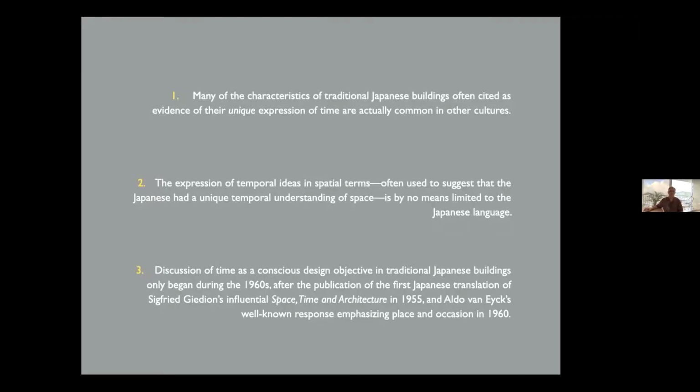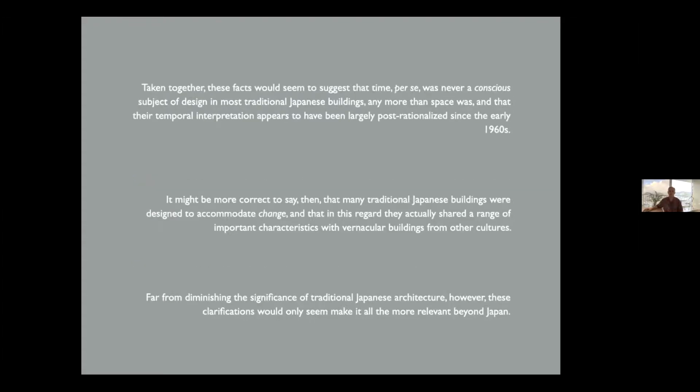And then you can read the last part, which I've talked about, that time is not really discussed until the 60s, when time had become a popular topic in Western architectural conversation in general. So basically, the argument is that it's probably not correct to suggest that the expression of time was ever a conscious intention in traditional Japanese architecture, and possibly not even change, but it was adjustable.